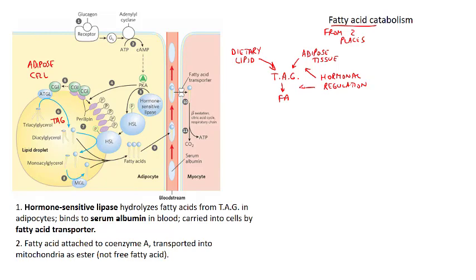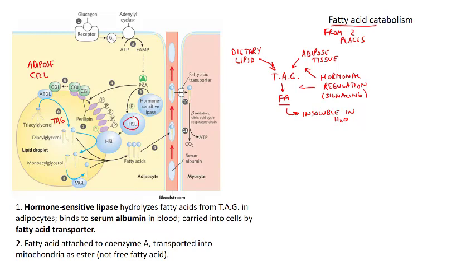But it takes special hormonal regulation to break down adipose tissue. In other words, it takes cell signaling. So that's one thing to keep in mind. Another thing to keep in mind is that fatty acids, you recall, are lipids, so they're not soluble in water. And that makes using fatty acids as a fuel source a lot more complicated than using something like glucose, which is water soluble.